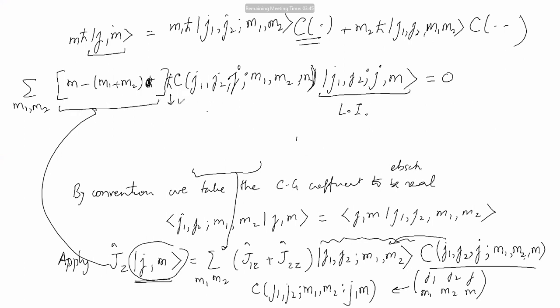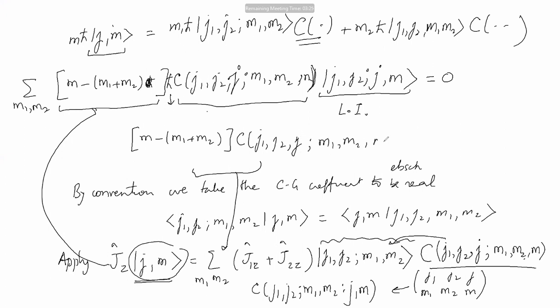This means that this fellow times this Clebsch-Gordan, (M - M1 - M2) times C J1 J2 J, M1 M2 M, must be equal to 0.